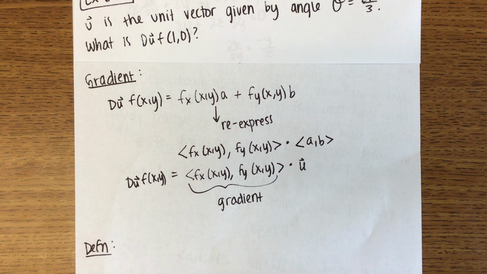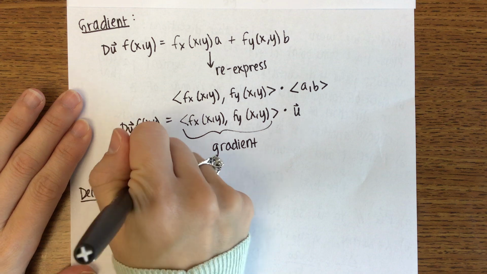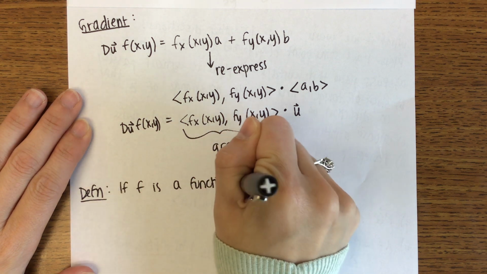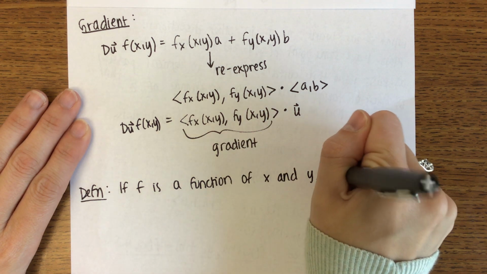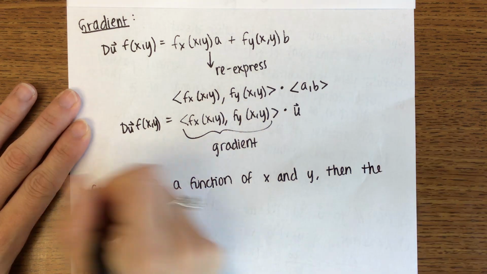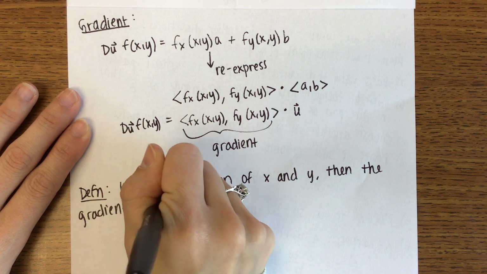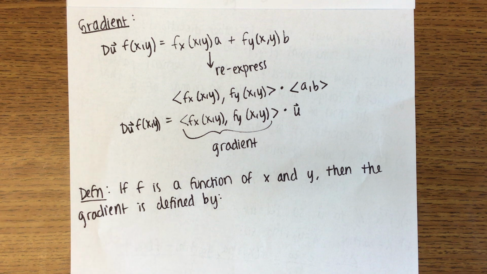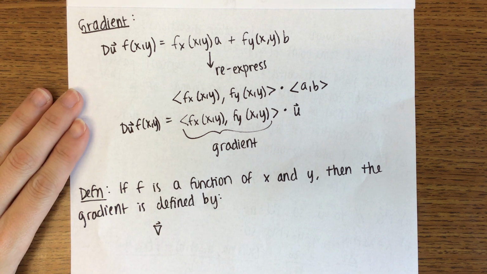Okay, so this is going to lead us to our definition. If f is a function of x and y, then the gradient is defined by, okay, here's the symbol for a gradient. So that's the symbol.